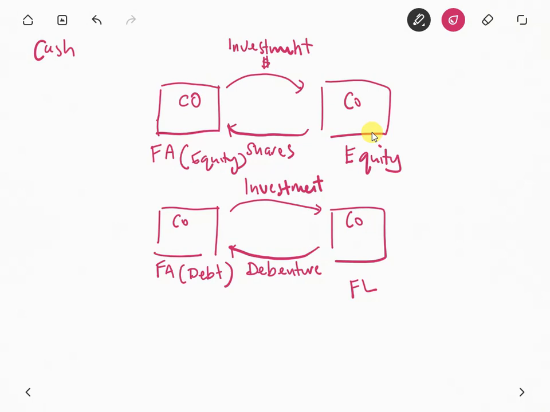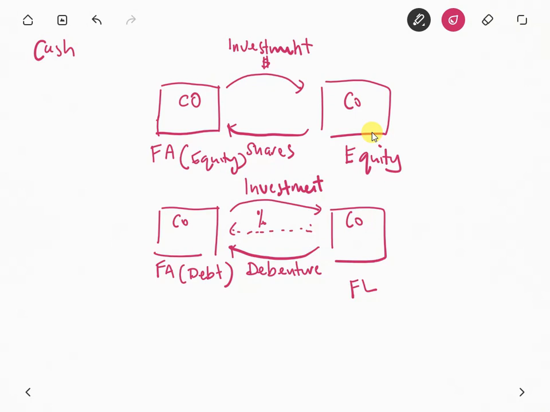I give them money. Must they pay me interest? Yes, I lend the money. I have a right to receive cash. If not cash, then another asset can be. So cash or other financial asset.